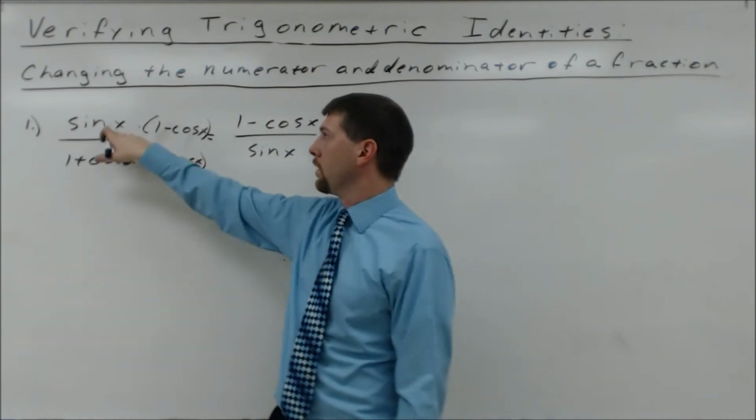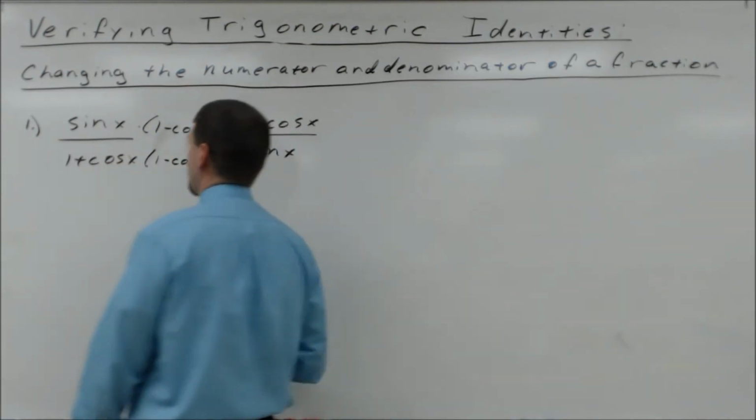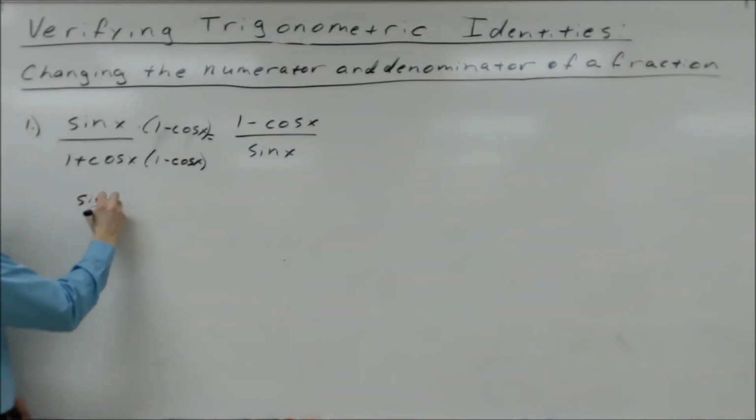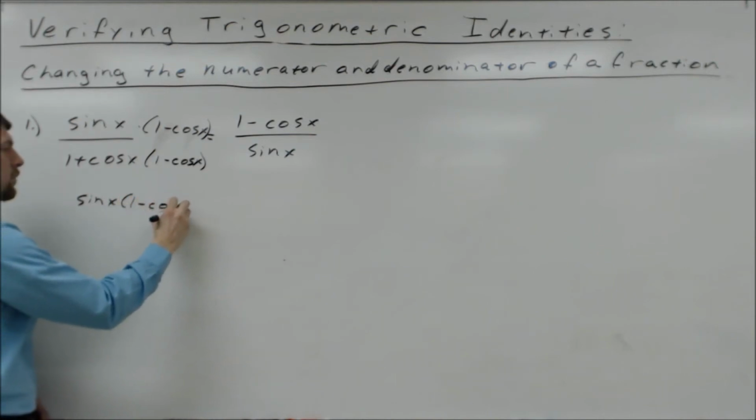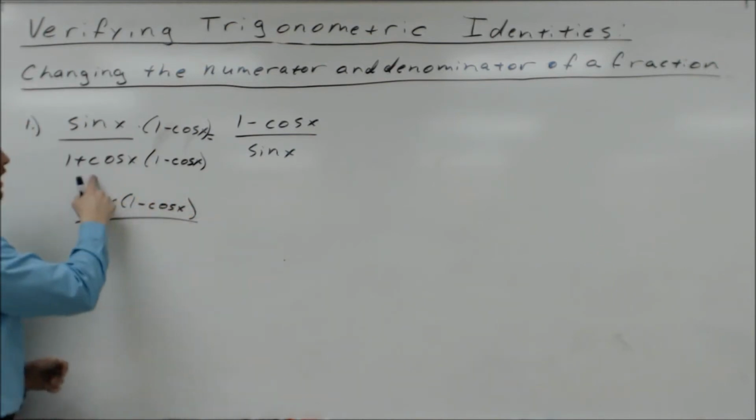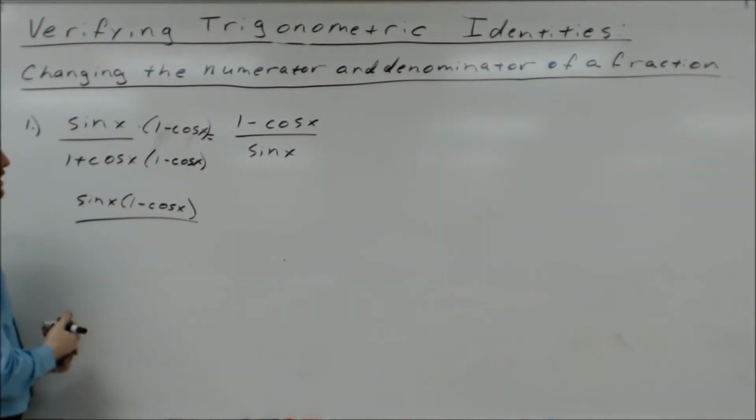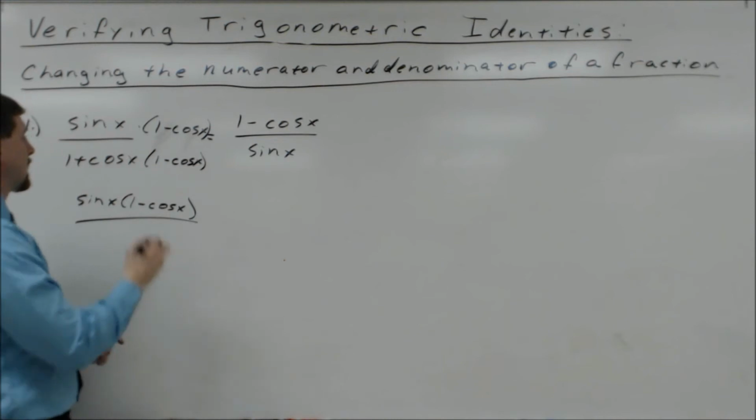How is that helpful? Well, up top I've got sine of x times 1 minus cosine of x. Not going to distribute that because I want that 1 minus cosine of x to stay. On bottom, 1 minus cosine of x times 1 minus cosine of x. I'll go ahead and distribute that one.